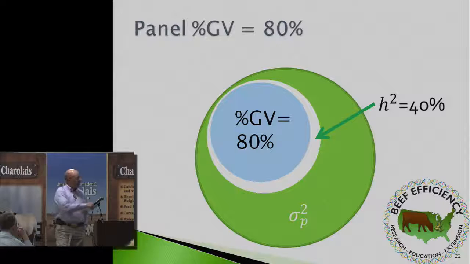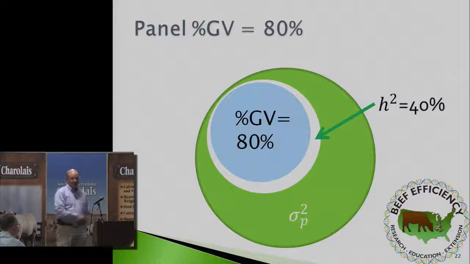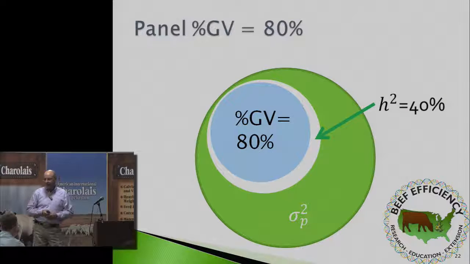Okay? And this goes to the earlier question about why we don't expect the EPDs and the molecular breeding values to have strong correlations. If we had a panel that accounted for 80% of the genetic variation, we'd expect a very strong relationship between an animal's MBV and its EPD, because they're almost identical in terms of the space they occupy. Okay? But in the previous slide, 2/3 of the genetic variation was unaccounted for. So our expectation of the resulting correlations between those two is much, much lower.